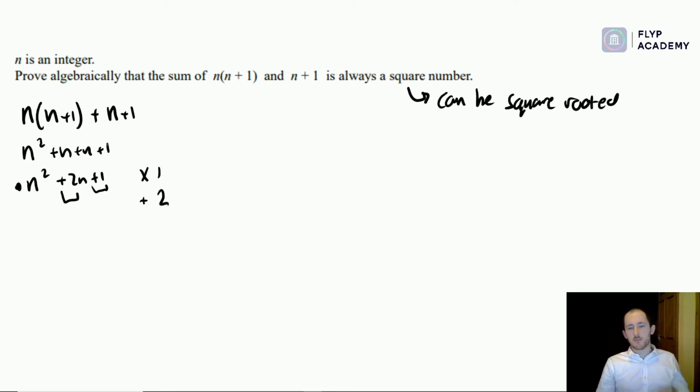So what are two numbers that times to 1 and add to 2? Well, it's 1 and 1. So that will be n plus 1, n plus 1. Now, if I'm writing the same thing twice and then multiplied in algebra, remember from the first spec point we did, that would just be n plus 1 squared. Has to be a square number.